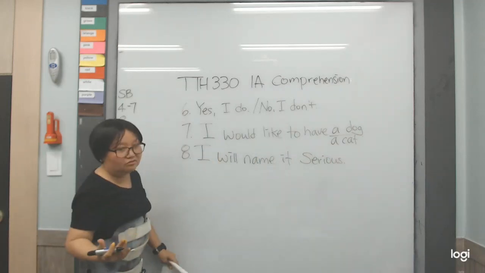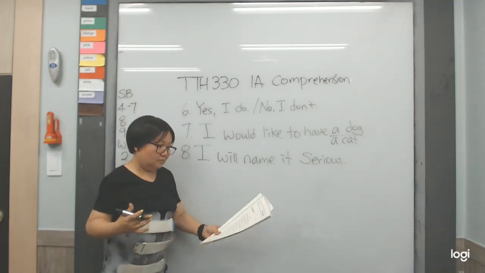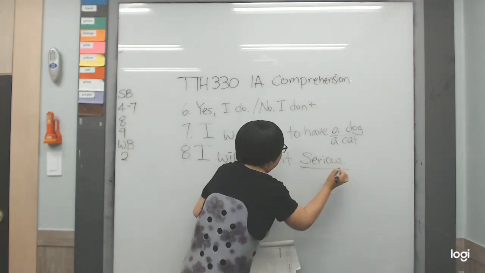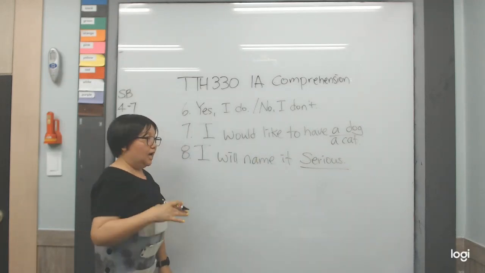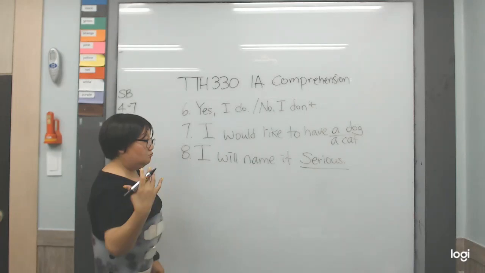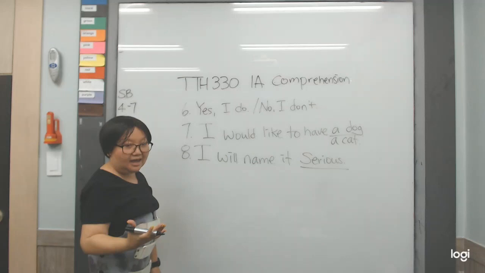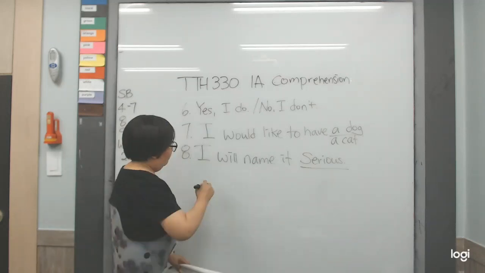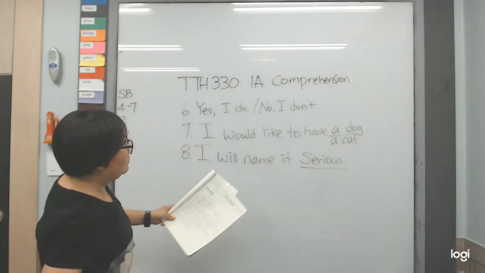Sirius is going to be my dog's name. But you can change. You can say, I will name it Happy, I will name it Rusty, I will name it Sam. You can choose the name that you want to call your animal. Do you understand? Now we have 2 more questions, everybody.